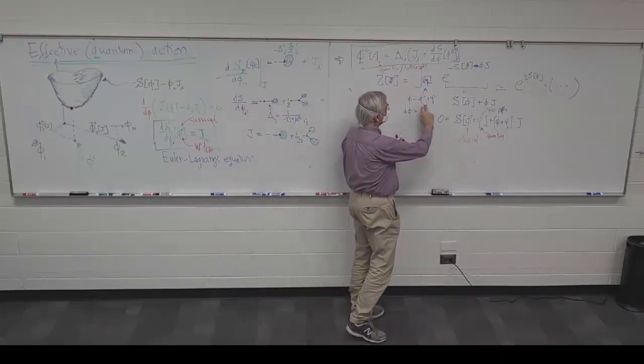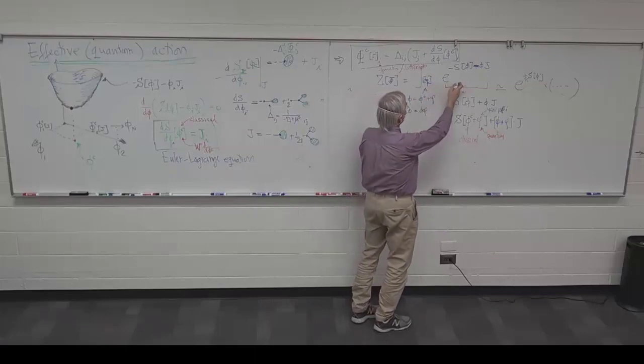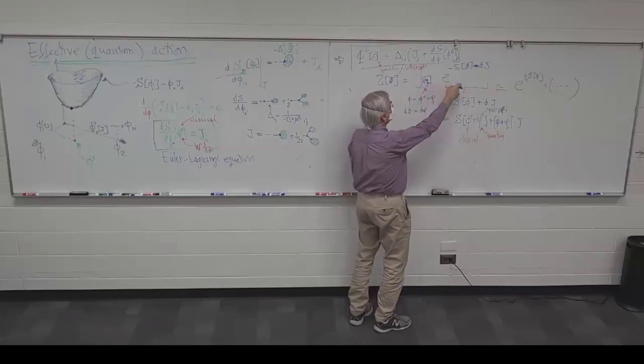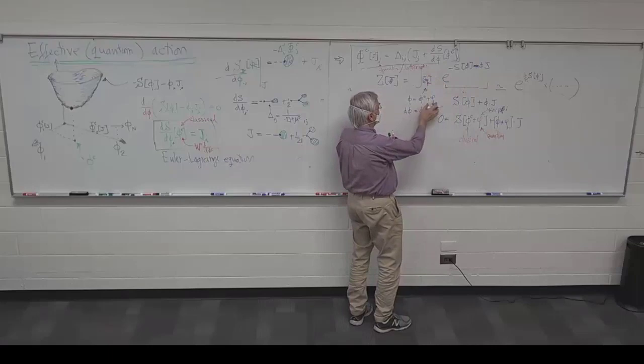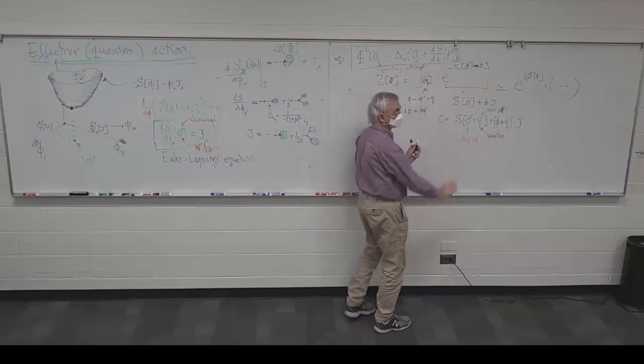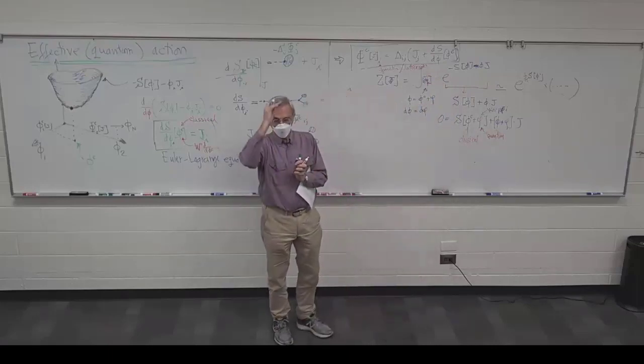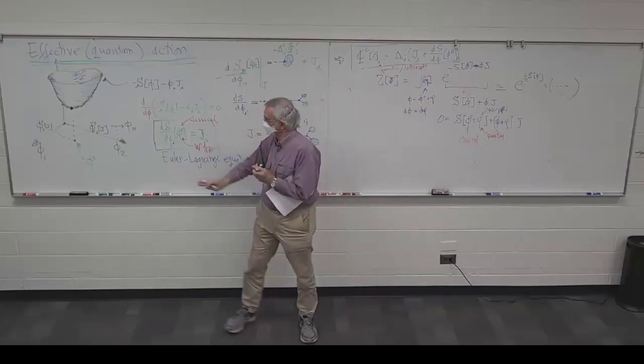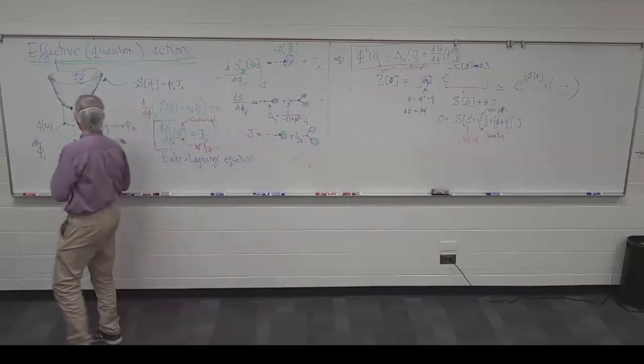So now I change the origin so that for every lattice site, it's a small variation, so it's 0 away from the classical value. I'm just looking at this neighborhood, right?